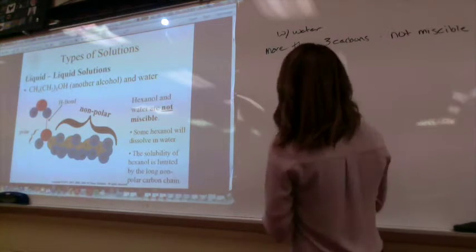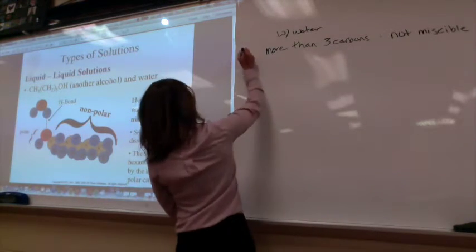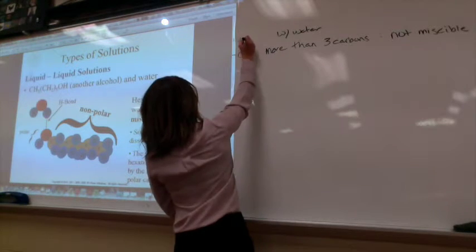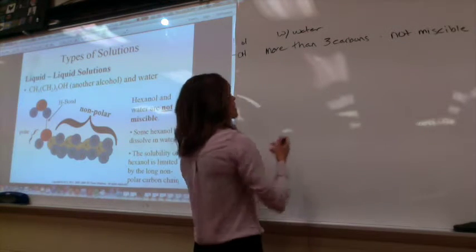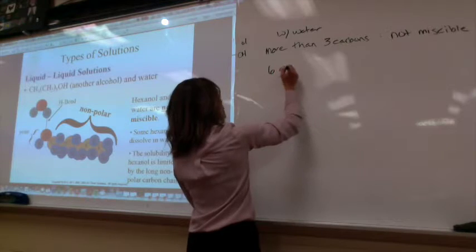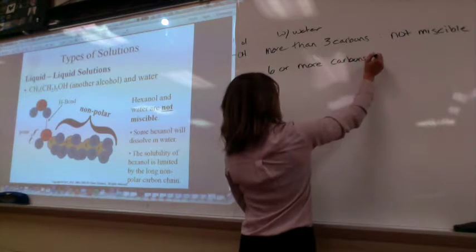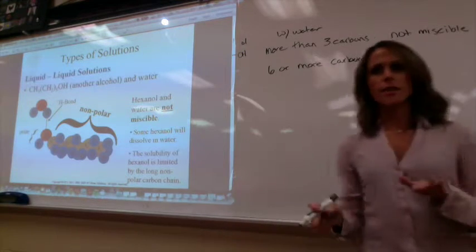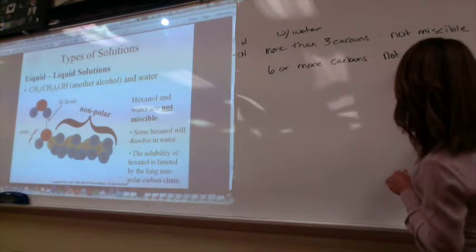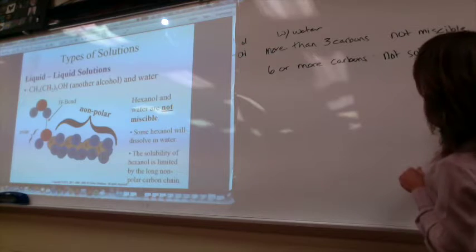So an OH, an -ol, with more than 3 carbons is not miscible. 6 or more carbons, we say is completely not soluble. Not soluble. And again, these are with water.